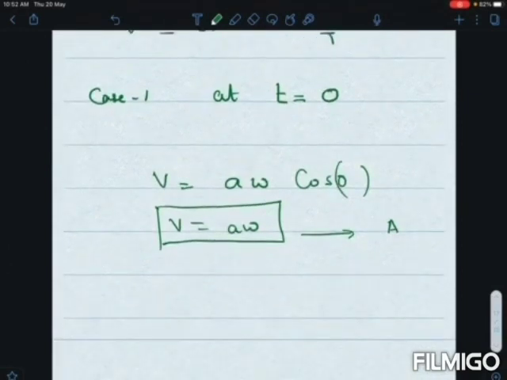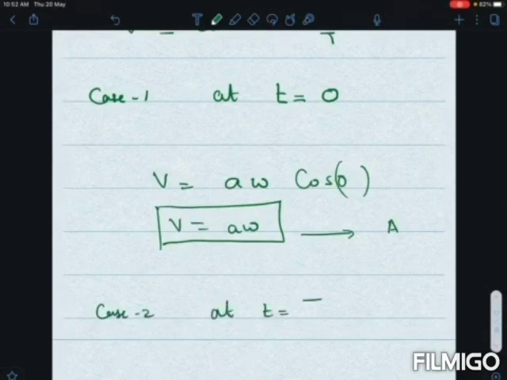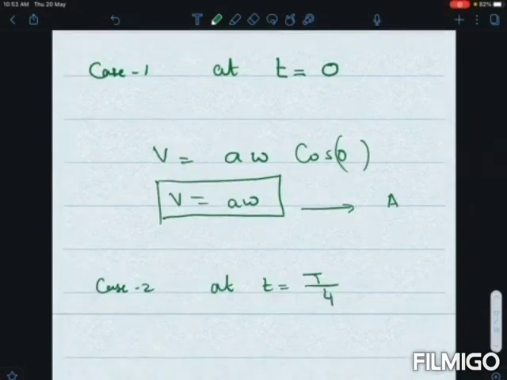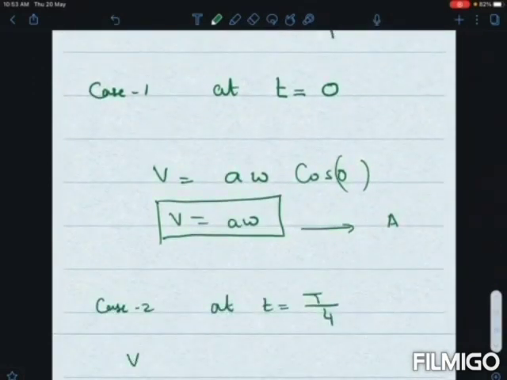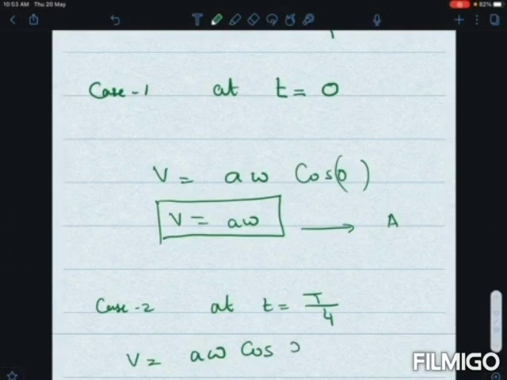Next case, what will it be? At t is equal to T by 4, 1/4 of the time period. So V is equal to, substitute in your equation number 7, a omega cos 2 pi by T into T by 4.